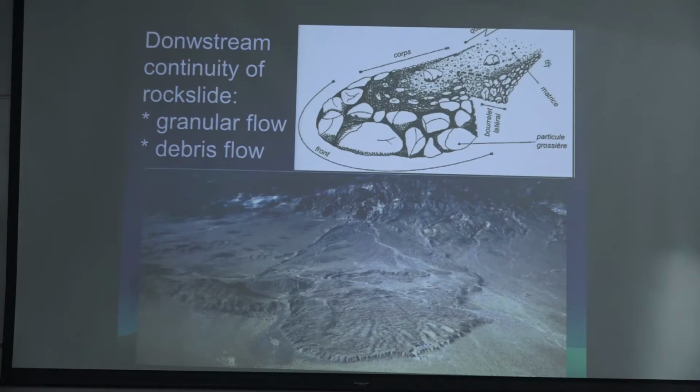What happened to the material of the landslide when it collapsed, for a rapid landslide or rock slide? The material can travel over a distance just the size of the hill slope, but sometimes it can travel for longer distances. It can be a granular dry flow, like north of the San Bernardino mountain in California. You see the initial landslide somewhere here, and this large lobe of deposit that traveled over kilometers as granular flow.